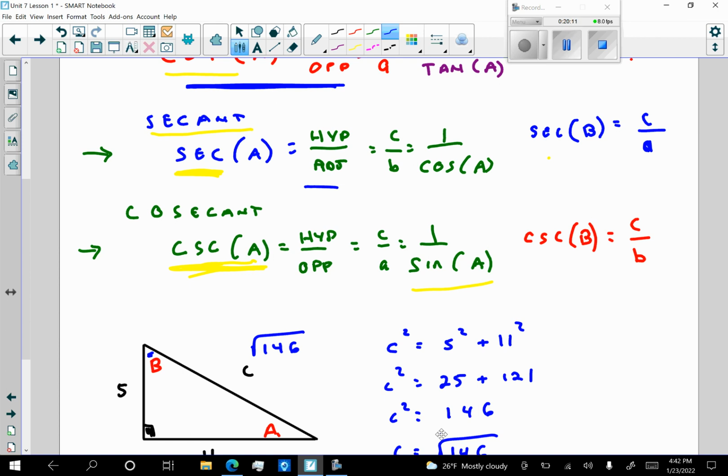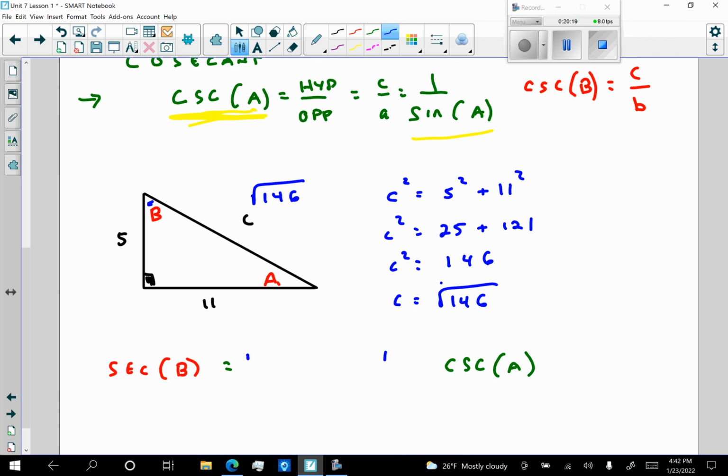The hypotenuse clearly is the square root of 146, and the adjacent side to B is going to be 5. And that is the secant of angle B.